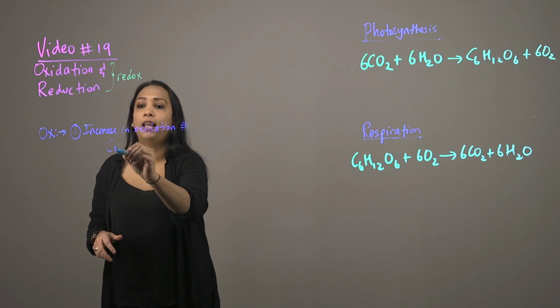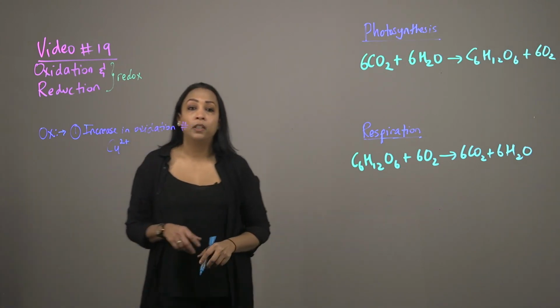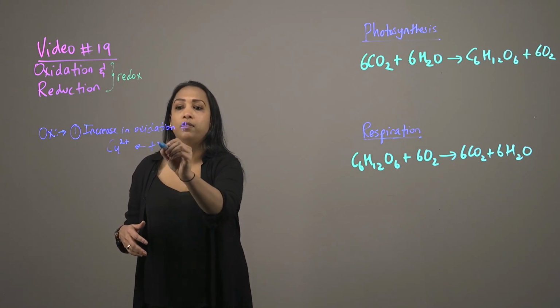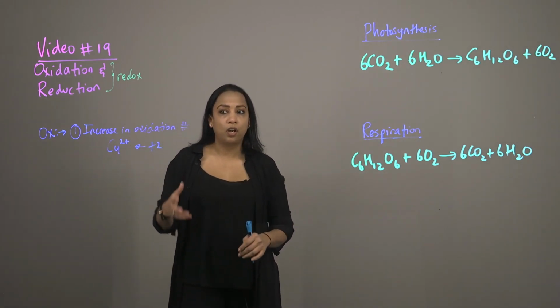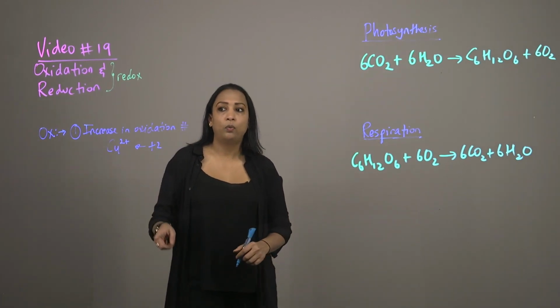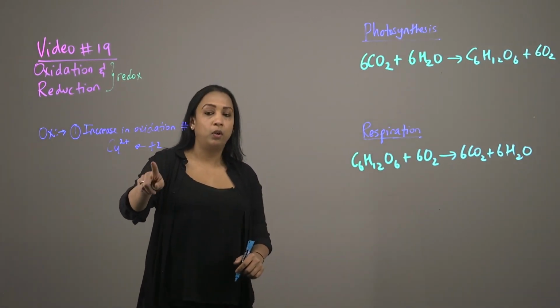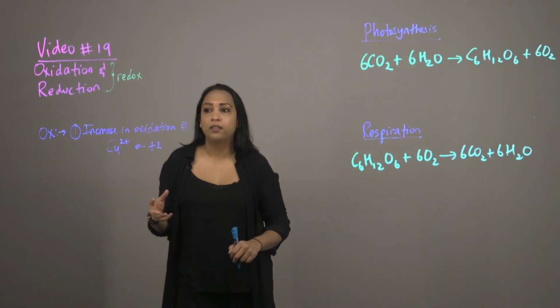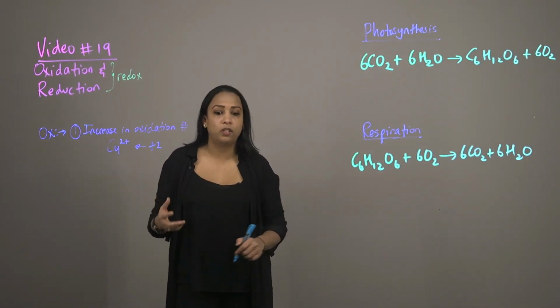Let's say we had a copper 2 plus ion, then the oxidation number of this species is plus 2. So when we're looking at charge, we have the sign, which is plus, after the number. When we're looking at oxidation number, we have the sign, which is plus, before the number. So oxidation is an increase in oxidation number.